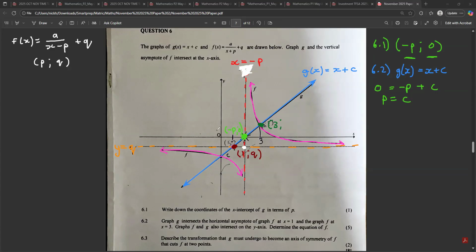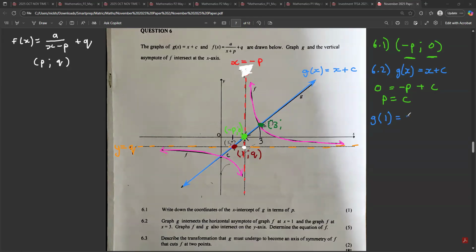Okay, so let's look at what they tell us. They tell us that x equals 1 is where it intercepts the horizontal asymptote. So we then know that g of 1, let's put that in blue, the blue one, at 1 is equal to x plus p.